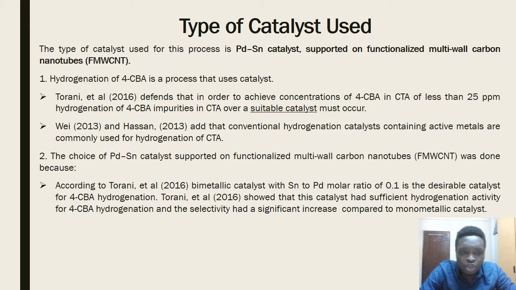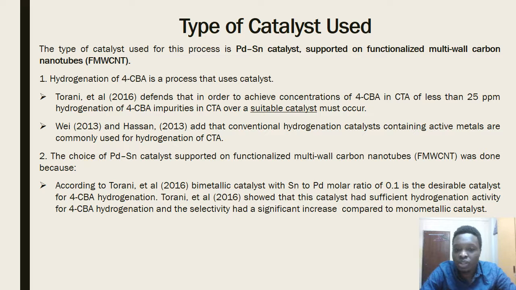And why do we choose exactly PdSn catalyst supported on functionalized multi-wall carbon nanotubes as the suitable catalyst for this process? According to Torani et al. 2016, a bimetallic catalyst with Sn to Pd molar ratio of 0.1 is a desirable catalyst for 4-CBA hydrogenation.